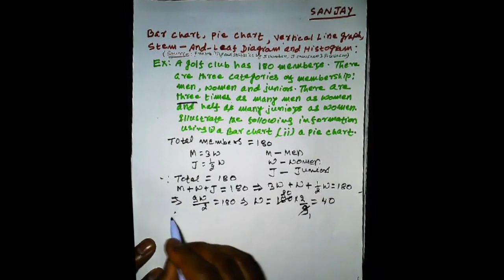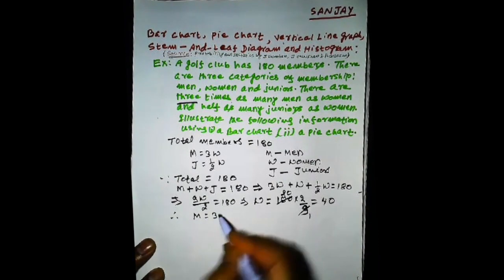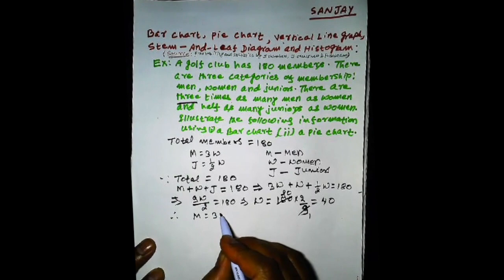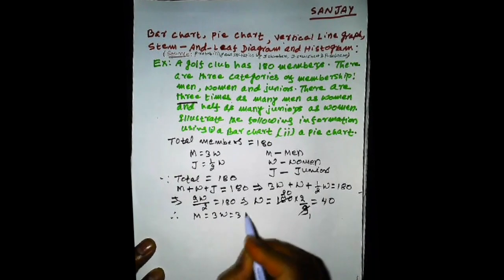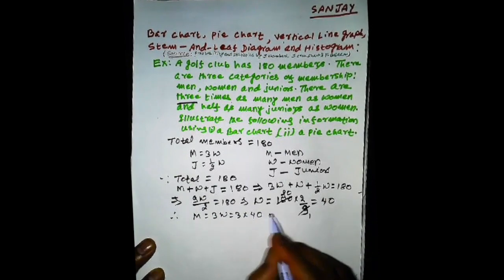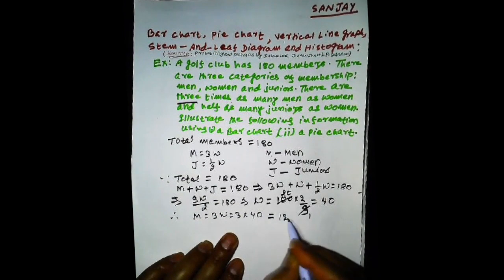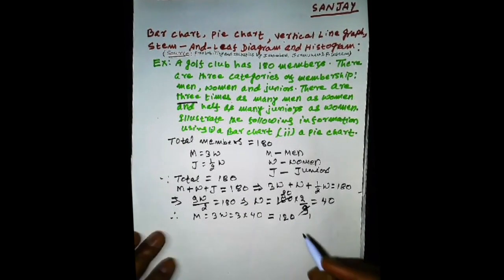So therefore your information is like men equals 3 times women, that means 3 times 40. If you can see here, W equals 40, and 4 threes are 12, so this is going to be equal to 120.